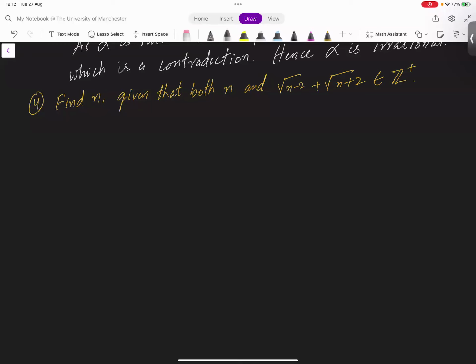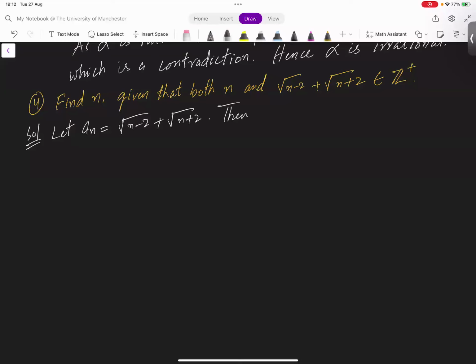Okay, let's find n. So let a_n be under root n minus 2 plus under root n plus 2.